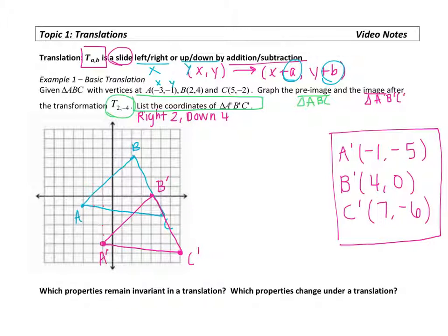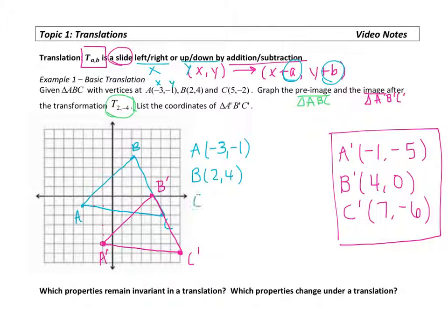Now I also want to talk to you about how to do this algebraically. So if I didn't remember that I needed to move right 2 and down 4, and all I knew was I had the coordinates, and maybe I didn't even have a graph, we can do this algebraically by listing the original points, and then thinking about this translation in terms of addition and subtraction, as we mentioned earlier.